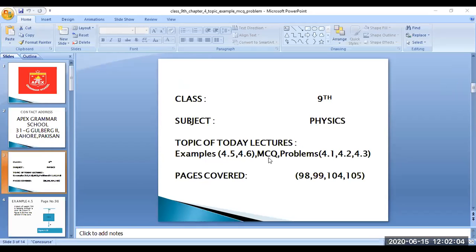Today we will also discuss MCQs regarding chapter number 4, and problems 4.1, 4.2, and 4.3 we will cover. The pages that we will cover today start from 98.